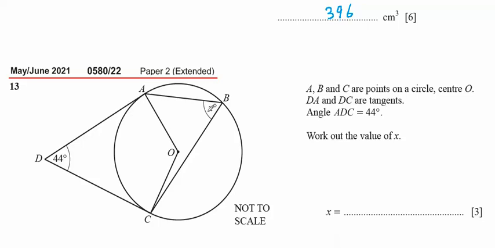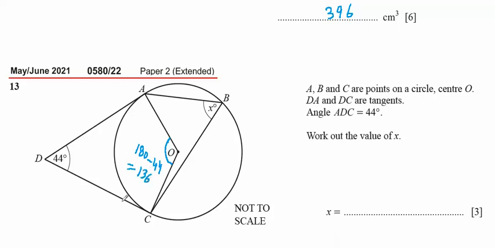Using the common tangent properties, one of the properties says that this angle and this angle are supplementary, which means if this is 44, then this is 180 minus 44.